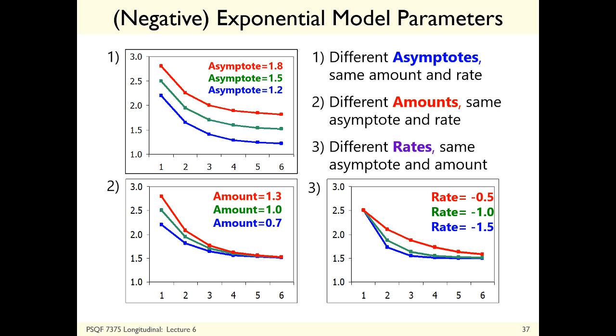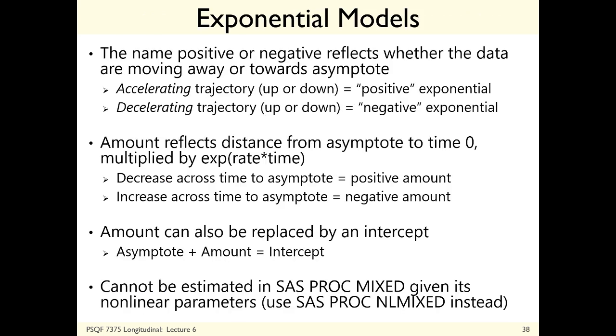When people say things like people have different learning rates, this is literally what they're talking about. These types of models get used in studies of learning, where we have literally rates at which you're hitting asymptote. Each of these parameters can have a fixed effect, meaning what happens for the sample on average, and random effect variation around it.